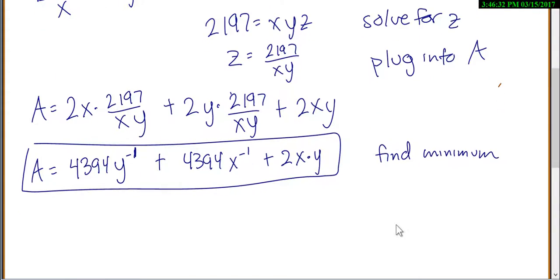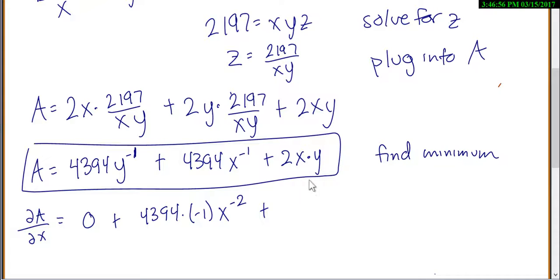So when we're finding our minimums, we'll take each partial derivative. So let's do the partial derivative of A with respect to x. In this case, we only care about x's, so this term just has a y, so that'll just be 0. And then we'll have 4394 times x to the negative 1, which means we'll bring down the negative 1. Then you'll take your x and you'll drop the power by 1, which means to the power of negative 2.